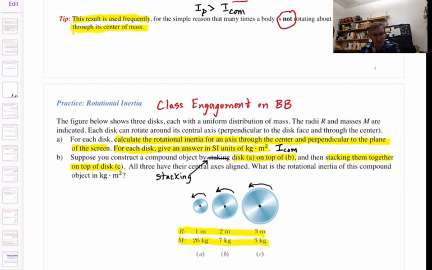All three have their central axes aligned. Question: what is the rotational inertia, ICOM, of this compound object in the SI unit of kilogram times meter squared? I just want you to enter your answer. And that's the class engagement for Monday. All right? So that's all for this video.